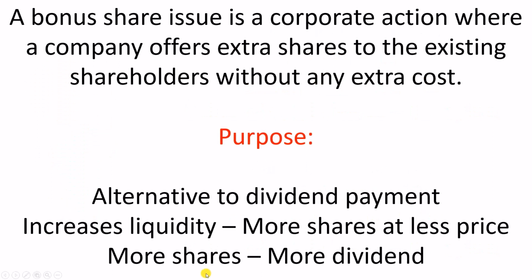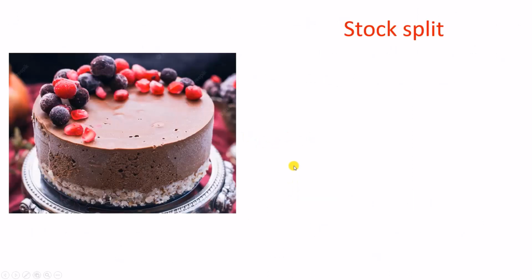Okay? So more shares, more dividend. Alright? So this is how bonus share works. It is an action done by the company where they give you extra shares without extra money, without taking any money from you. Okay?